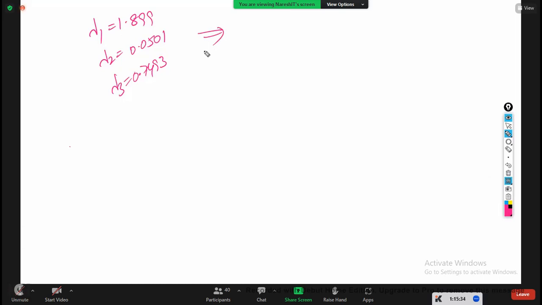To calculate the individual percentage, it is lambda 1 divided by lambda 1 plus lambda 2 plus lambda 3. First I will calculate the total, and within the total, how much lambda 1 has. Separately I calculate for lambda 2 within the total, and again lambda 3 divided by lambda 1 plus lambda 2 plus lambda 3.